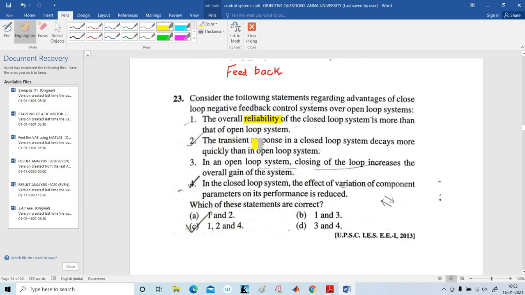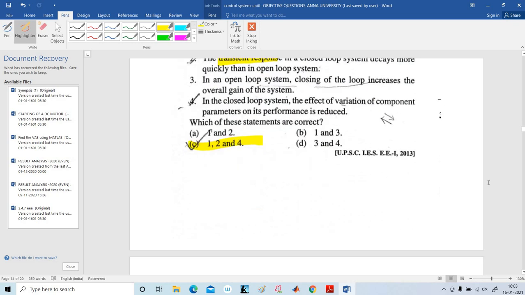Then second one, transient response in the closed loop system decays more quickly than the open loop system. Also correct. Then the third one, in open loop system, closing of the loop increases the overall gain. Wrong. In the closed loop system, the effect of variation of component parameter on its performance is reduced. That is also correct. So 1 to 4 is the correct answer.